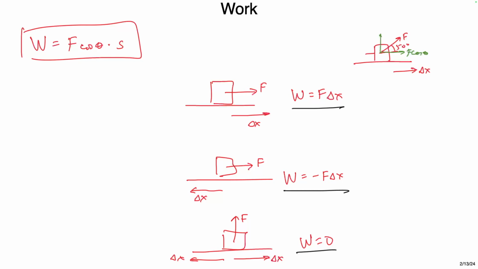Which way is it going? I am doing positive work. See that? Okay. What is doing negative work? Gravity. Which way is gravity pointed? Down. Which way is the ball moving? Up. Right? So I'm doing positive work on the ball. Gravity is doing negative work on the ball.